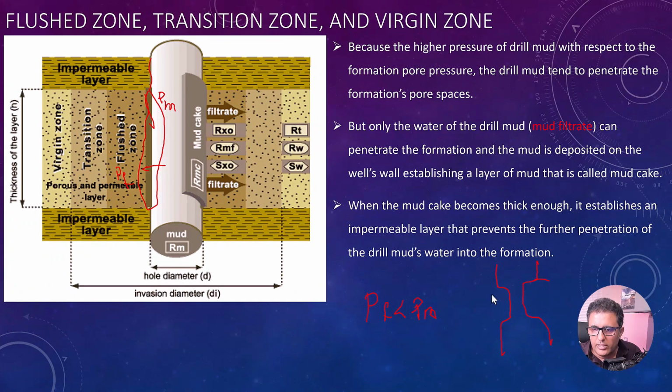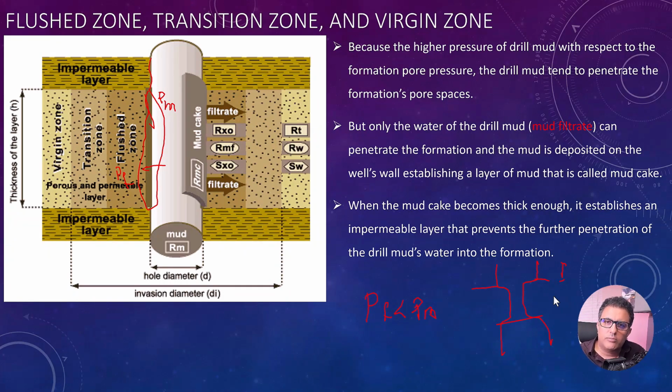So here, if the layer is impermeable, the borehole diameter is larger, and when the layer becomes permeable, the borehole diameter becomes tighter. Whenever we want to characterize the reservoir, one of the things that we should measure is the borehole diameter, because it's directly linked to the permeability of the reservoir.